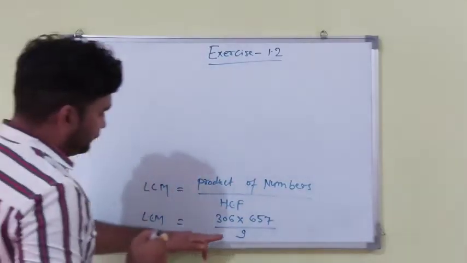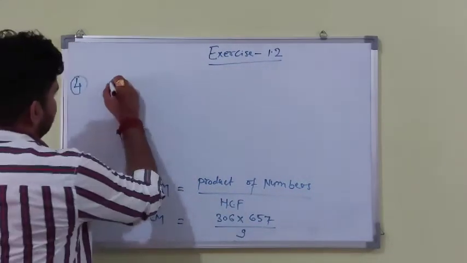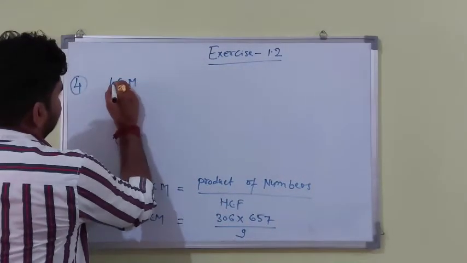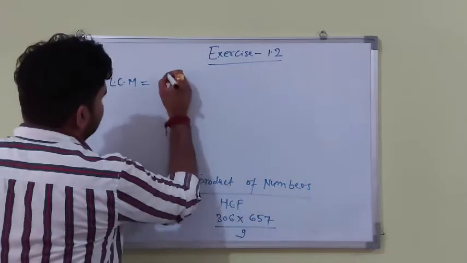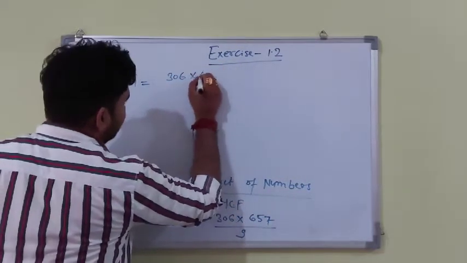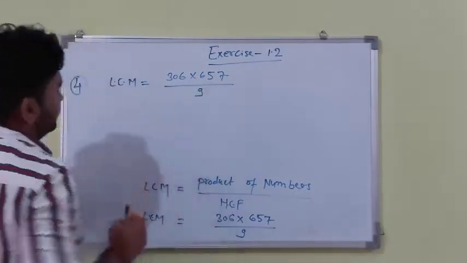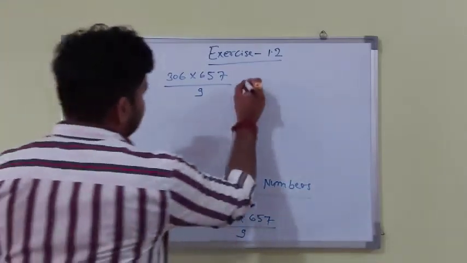So let's check how this number is solved. This is solved when we cancel it. 9 is cancelled. LCM is equal to 306 multiplied by 657 divided by 9. Okay, so this is cancelled out.